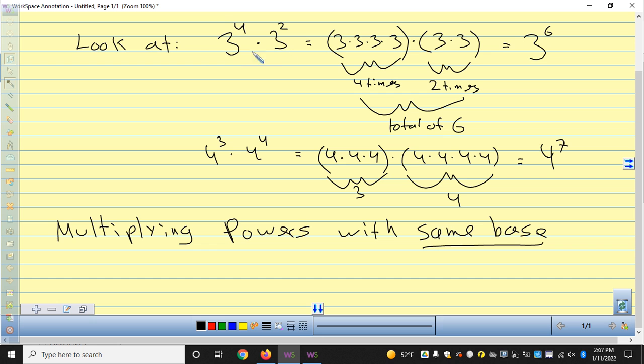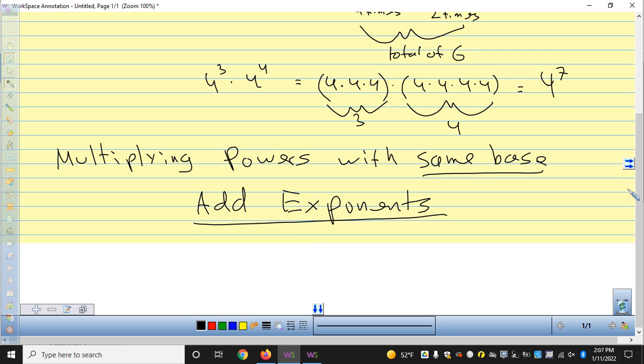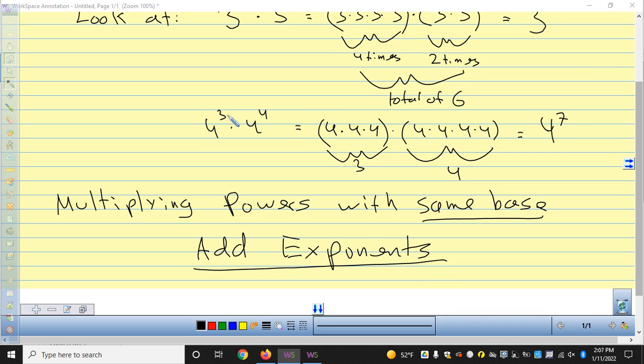So here, both of these have 3 as our base. Here, both of these have 4 as our base. So multiplying powers with the same base, we add the exponents. That's our rule for today.